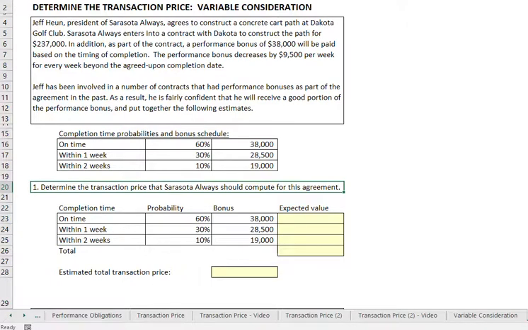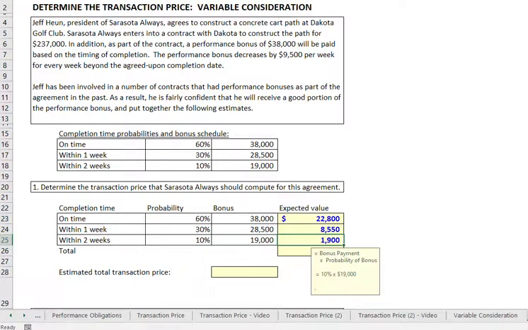We need to first work with our expected values. There's a 60% chance that we'll receive $38,000, so it has an expected value of $22,800. That's the 60% probability times the cash payment of $38,000. There's a 30% chance that we will receive $28,500. That has an expected value of $8,550. And then finally, there's a 10% chance that we will finish it within 2 weeks and receive only $19,000 of the bonus.